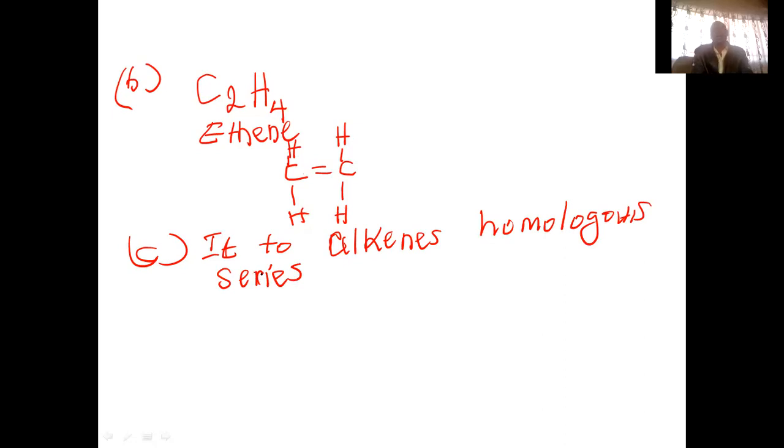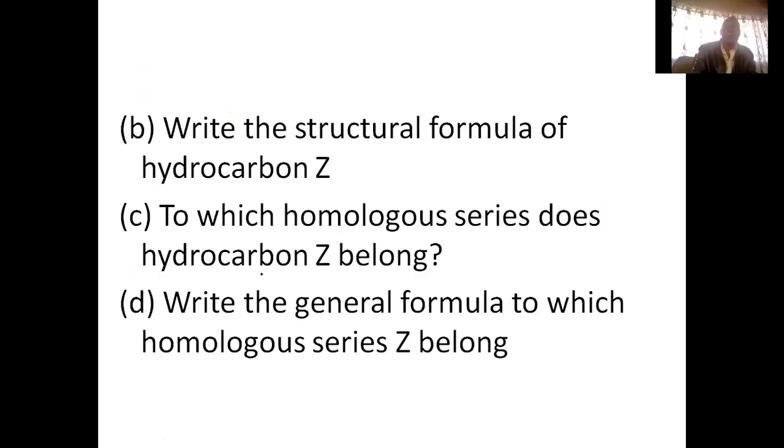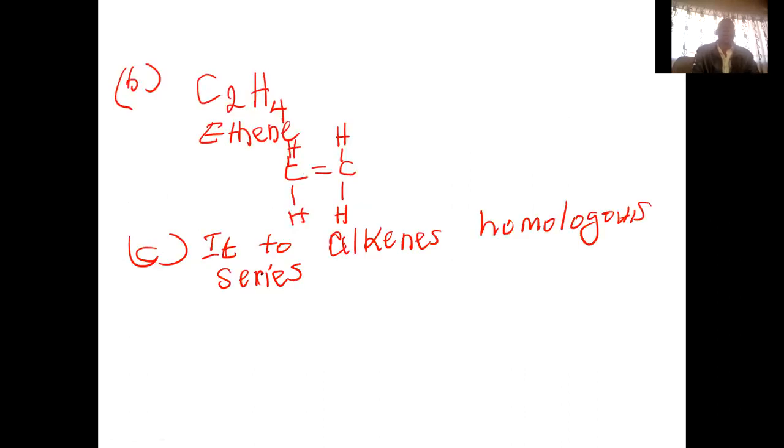It belongs to the alkenes homologous series. Number D, write the general formula of the homologous series to which Z belongs. So number D, the general formula is carbon, and the n there is the number of atoms, and hydrogen, which is 2 times n. So this is the general formula, CnH2n.